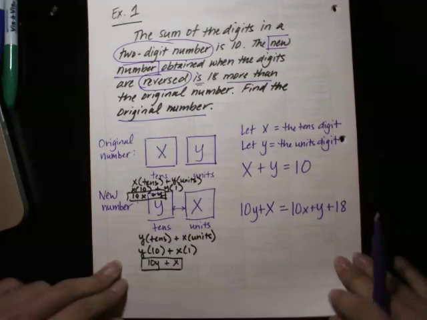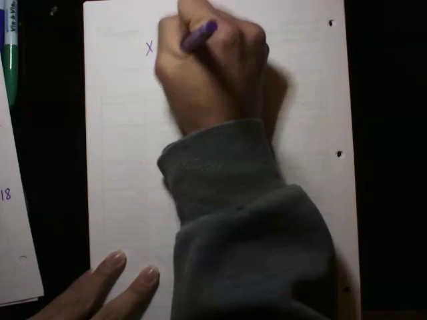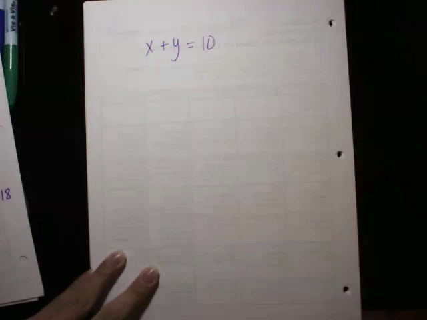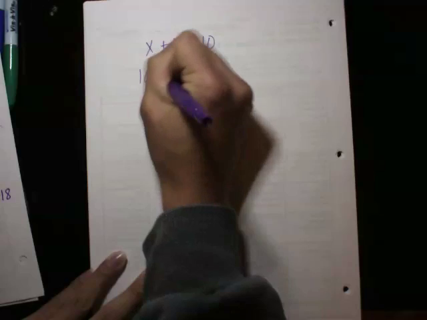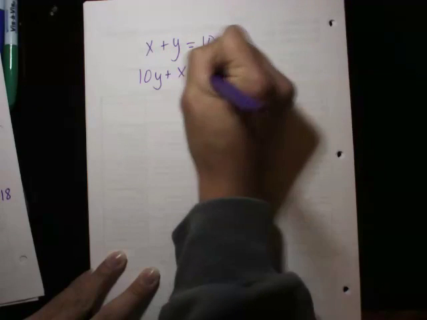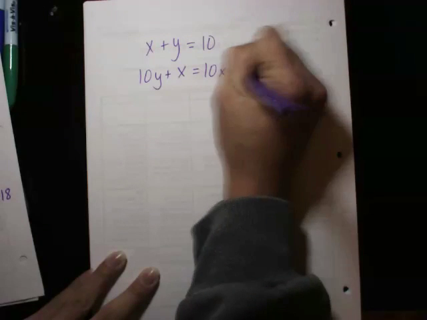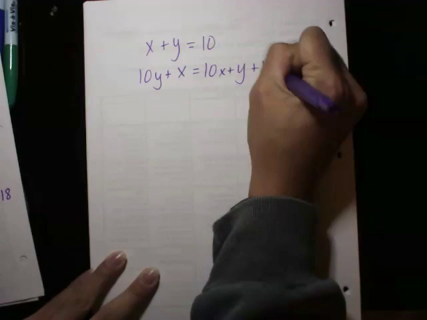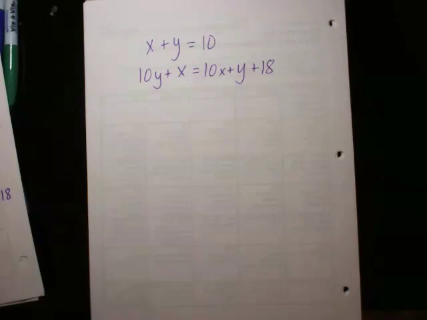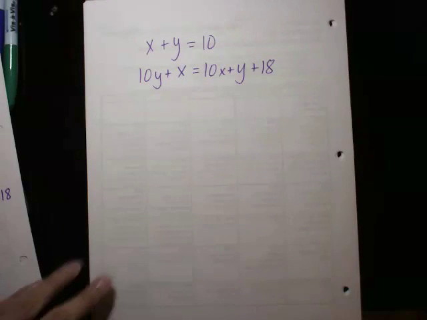I'm going to do this on a separate sheet of paper. Let's rewrite this again. We have x plus y equal to 10, and we also have 10y plus x equals 10x plus y plus 18. First thing I'm going to do is get all the variables to one side.